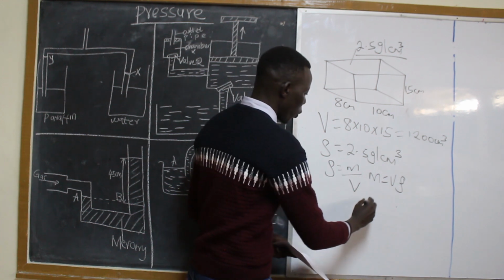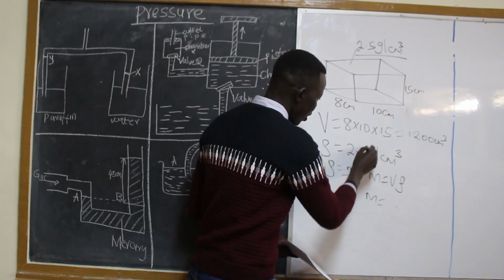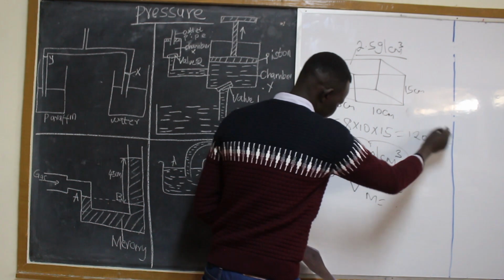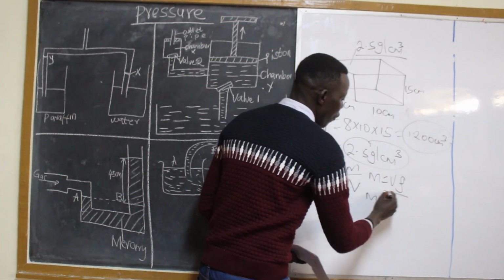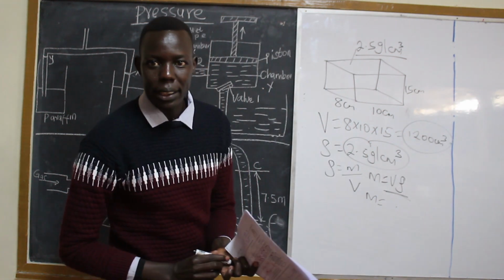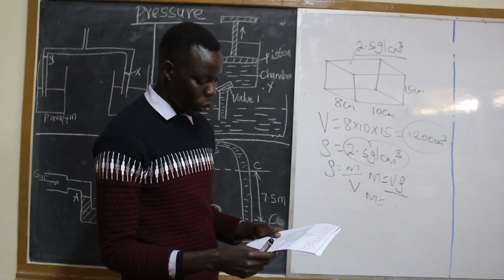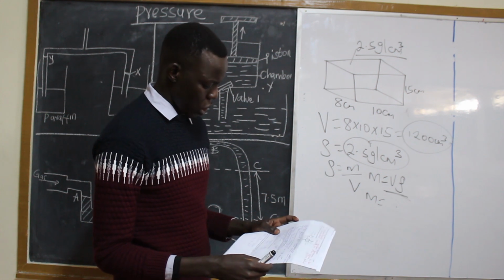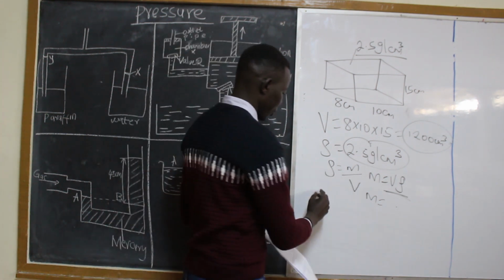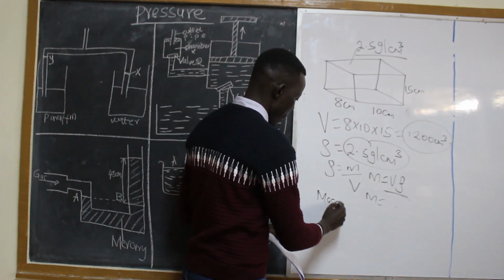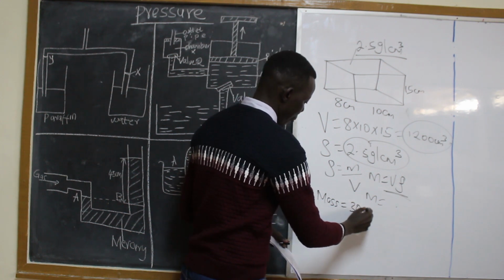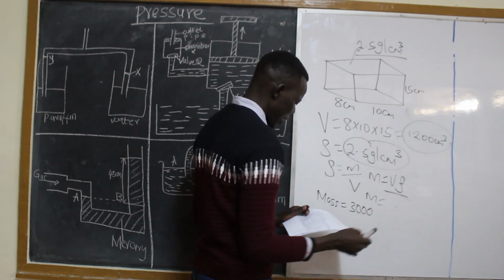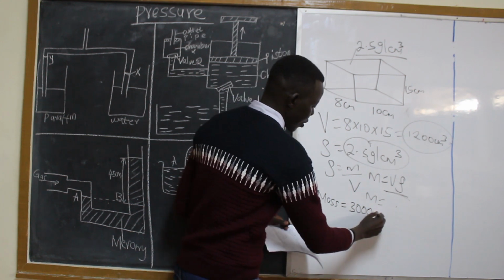Multiply the two. What will be our mass? You multiply as per our formula. What will you get? Come on, a calculator. You will get 3,000. So our mass is going to be 3,000. Is it grams? Yes, grams.